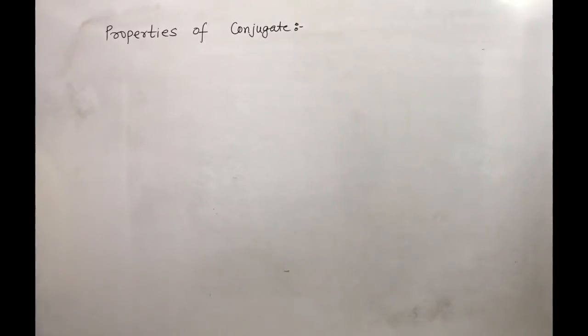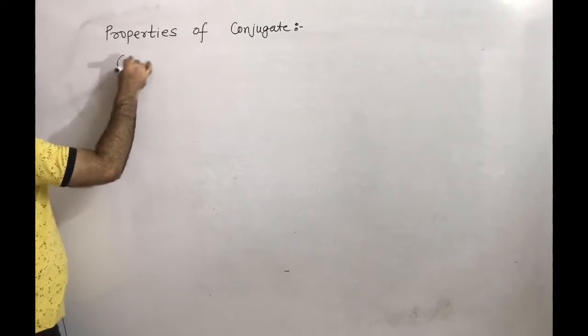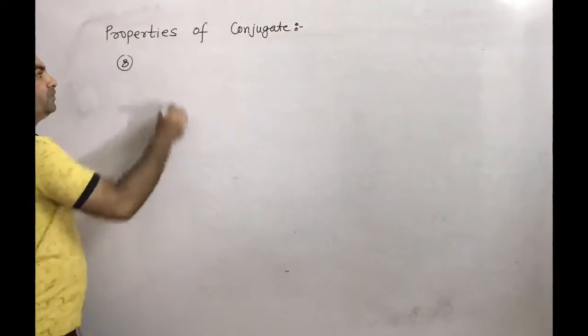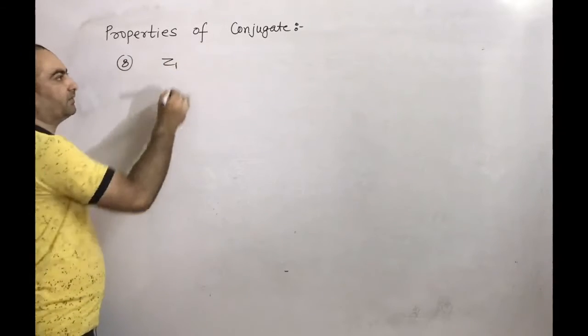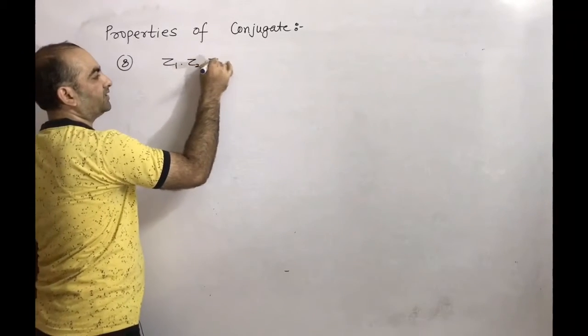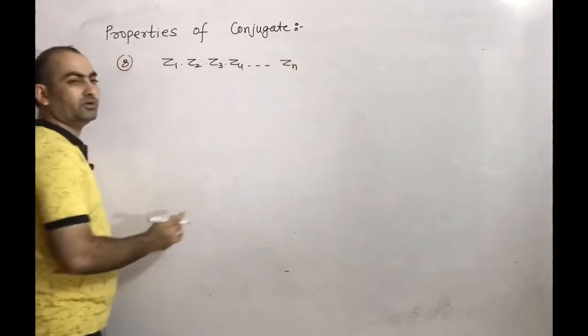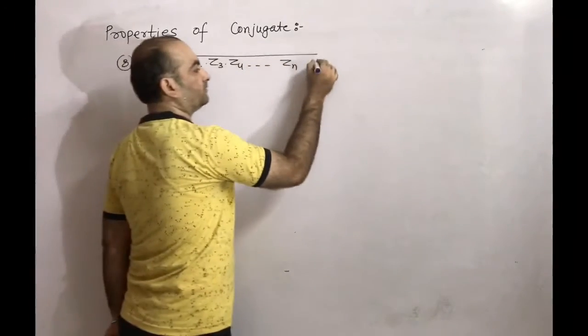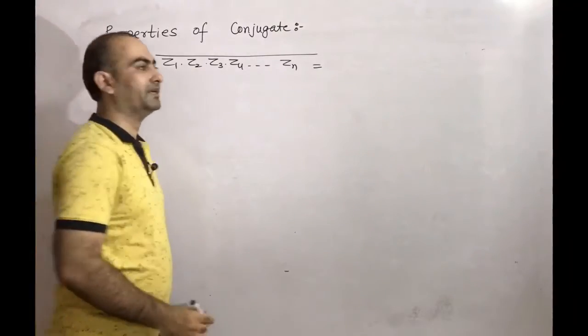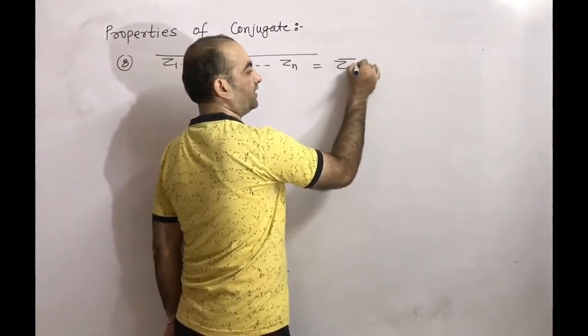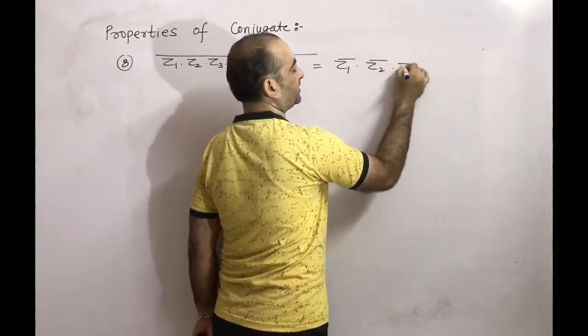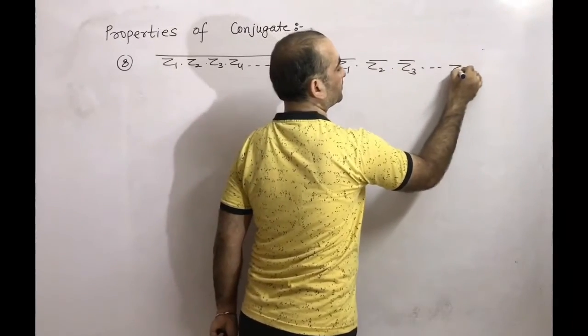Okay, so next property is what? Property number 8. In this property, if we have multiplication of complex numbers z1 into z2 into z3 into z4 and so on into zn, if we take the conjugate of this one, so whole bar, this also we can separate as z1 bar into z2 bar into z3 bar and so on into zn bar.